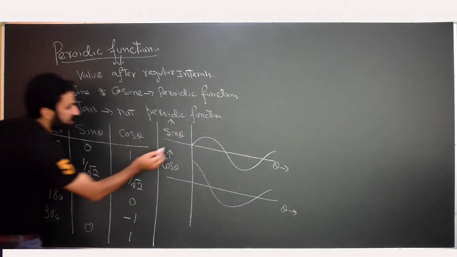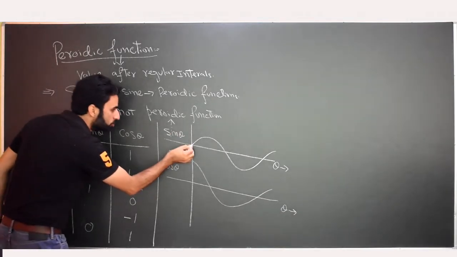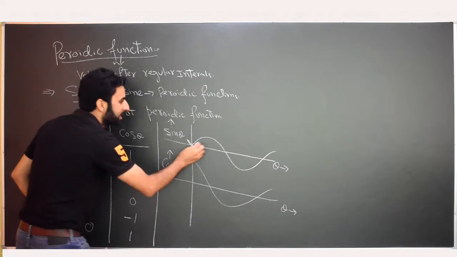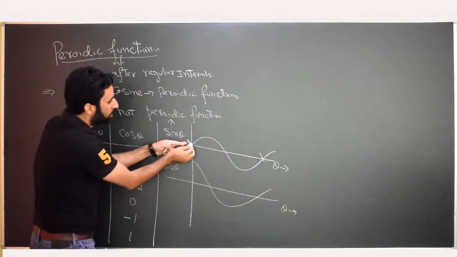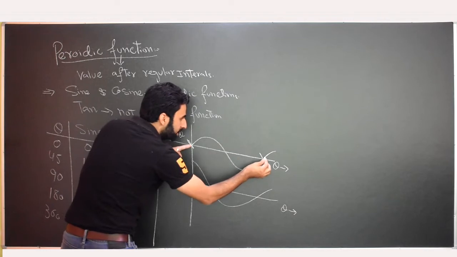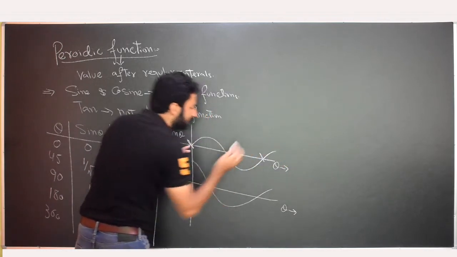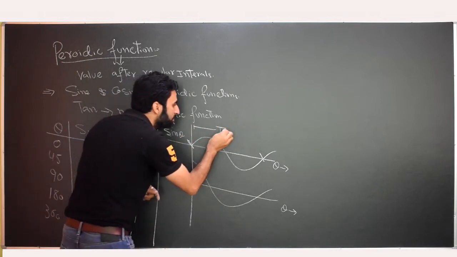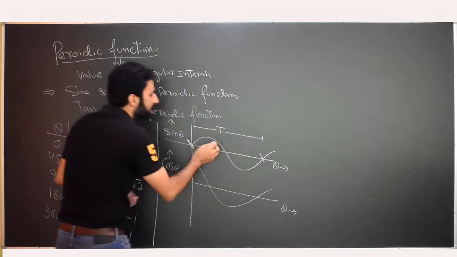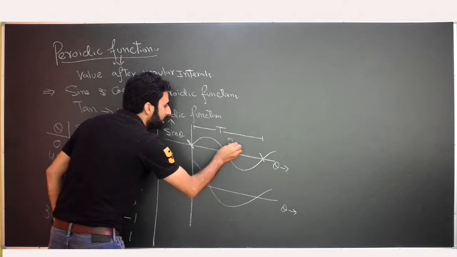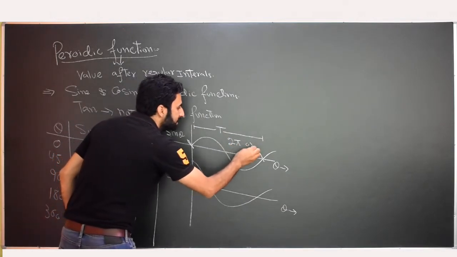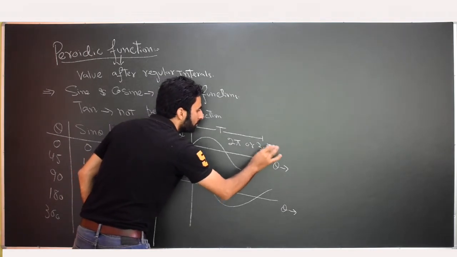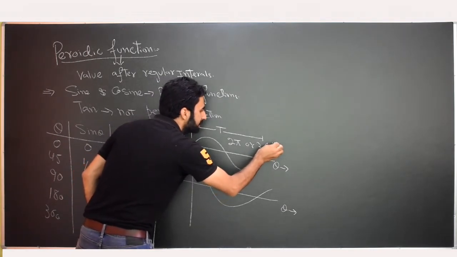Once theta is 0, sine theta is also 0. Let's call this a complete cycle, because after this much interval the motion again repeats itself, and this much interval is known as the time period. Here it is equal to 2 pi or 360 degrees.